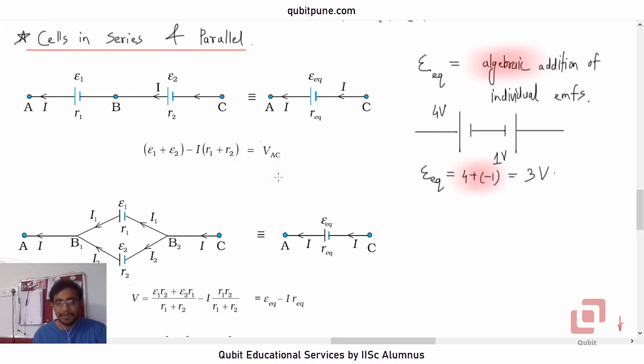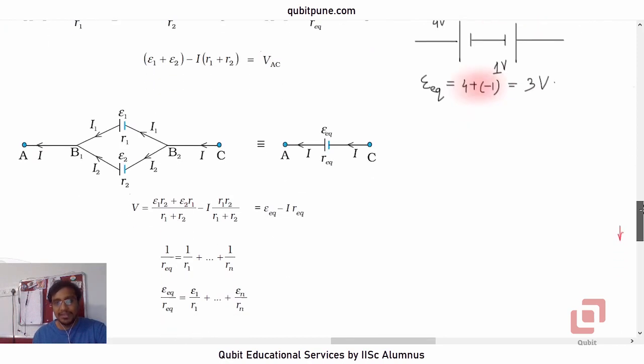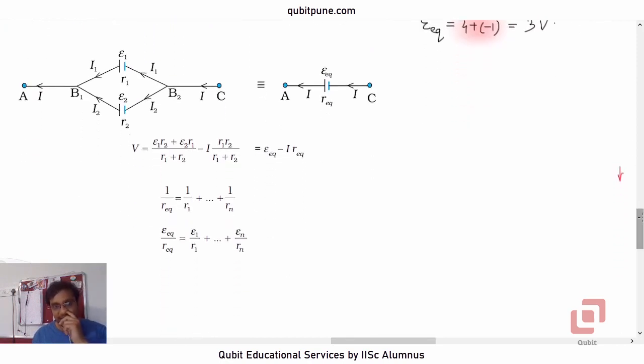Epsilon minus I. Now in the second case, if you connect the cells in parallel, for a two cell combination, you can arrive at these results, but I'm not going to derive them again.